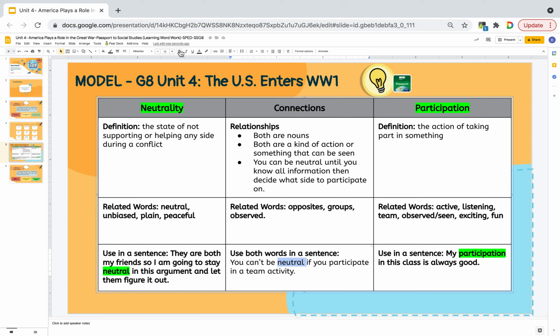So I'm using a version of the word neutrality, and I'm using a version of the word participate, which is totally fine. I just want to be able to exercise the use of these two words in a sentence so that I can now make my thinking visible when I'm explaining how to use these words.